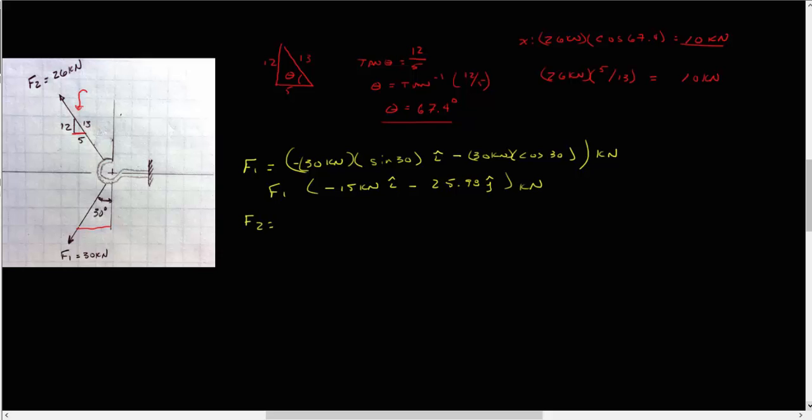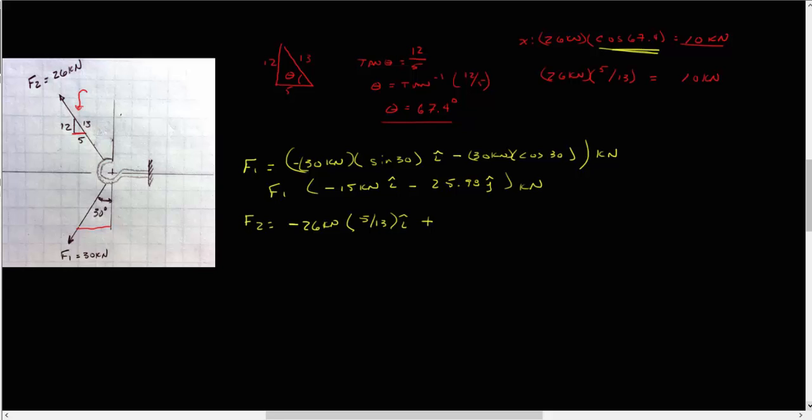Force 2 then is going to be 26 kilonewtons. Now, this is also negative because we're in the x. We've already done this one, so it's 5 over 13 i. You could also say cosine of 67.4.